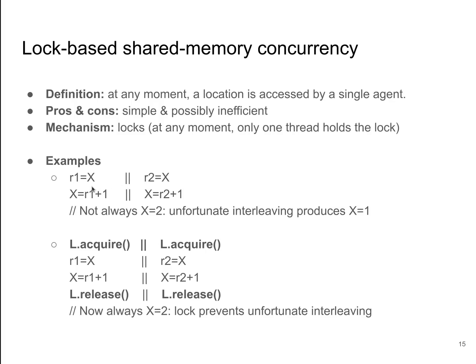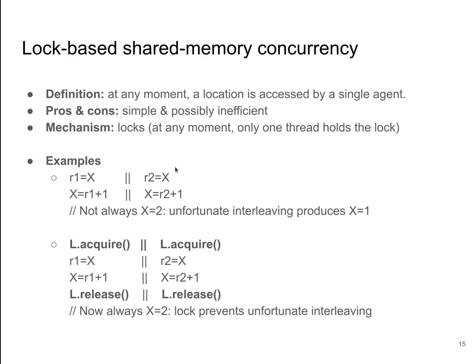Suppose that these threads are executed in an interleaved manner. That means that they execute one instruction at a time, and they non-deterministically take turns and execute their own instructions. Suppose in an execution, the left thread is executing the first instruction, that is, reading 0 from X and assigning 0 to R1.